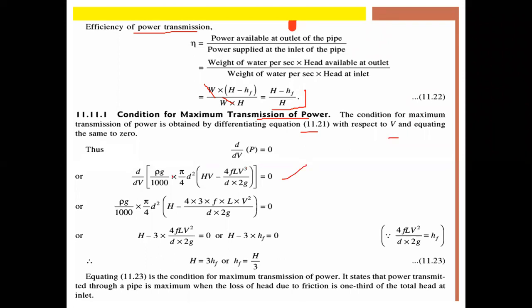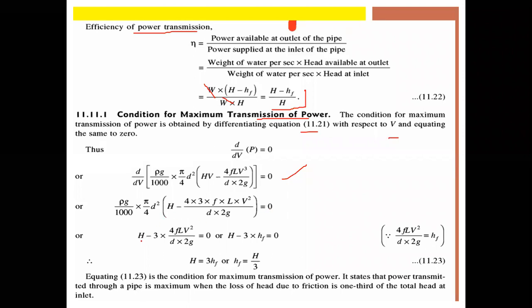So what are the common things? Take rho G by 1000 into pi by 4 d square common. H minus 4 into 3 into F into L into V square divided by D into 2G is equal to 0.